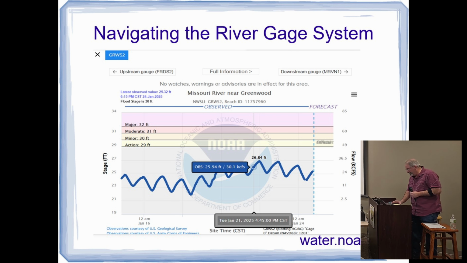As you use this system and you paddle a certain area that you're familiar with, you'll be able to judge, okay, the river levels are running at 25 or say 32,000 cubic feet per second. You'll know that at 22, there's a lot of sandbars, lots of dirt exposed, the banks are tough to get down to.